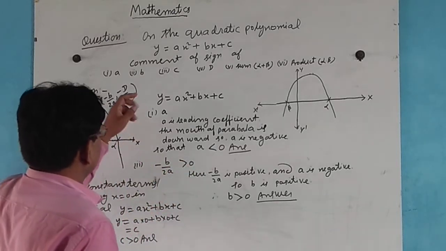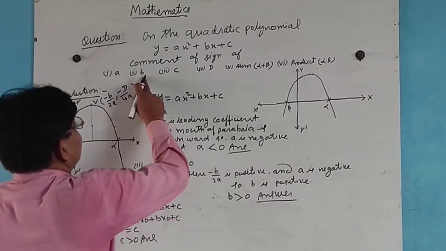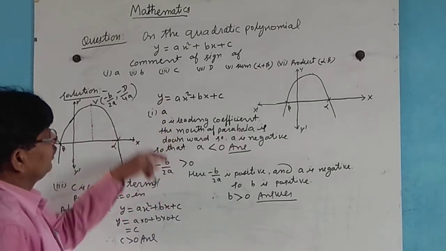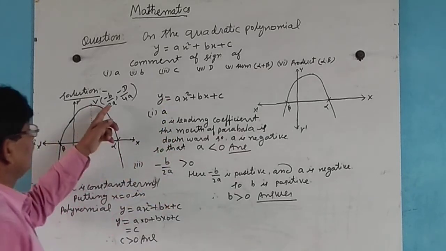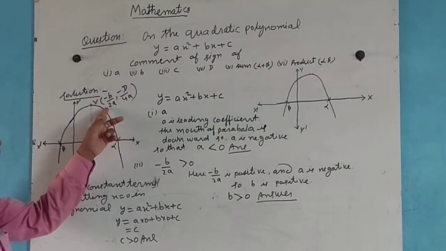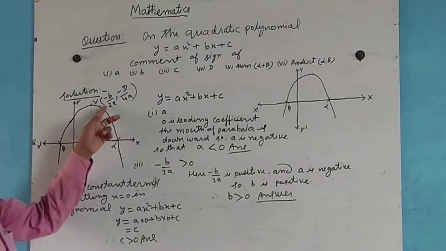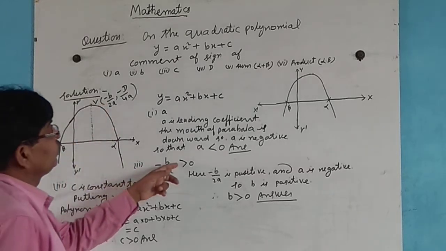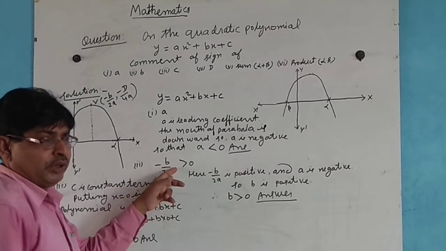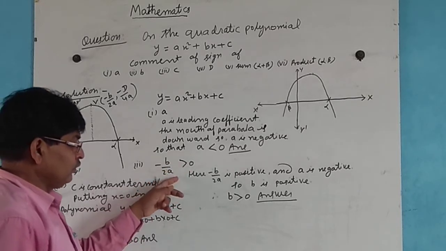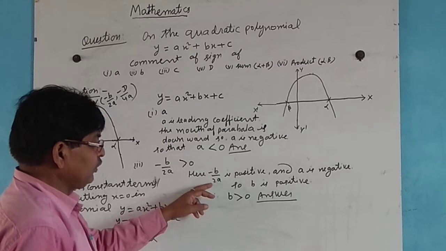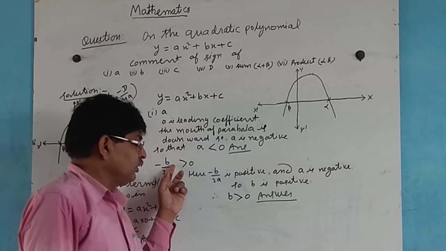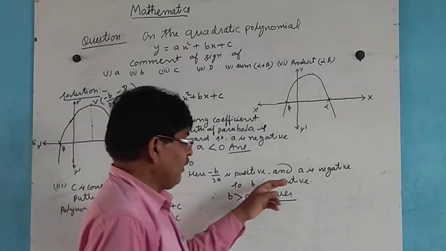And second, we comment on b. We know that minus b by 2a is the x coordinate of the vertex. Here the x coordinate of the vertex is positive, so this quantity is greater than 0. Minus b by 2a is positive, and a is negative.